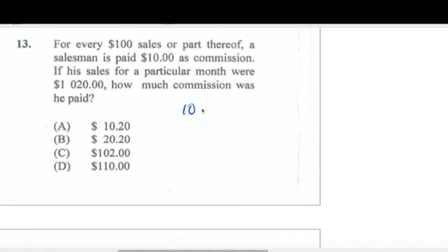So I have $1,020. My question is, how many $100 are there in 1,020? So you basically have to divide that by 100, and we could see there that we have how many tens in 102? Well, 10 tens are 100, and we have 2 remaining.